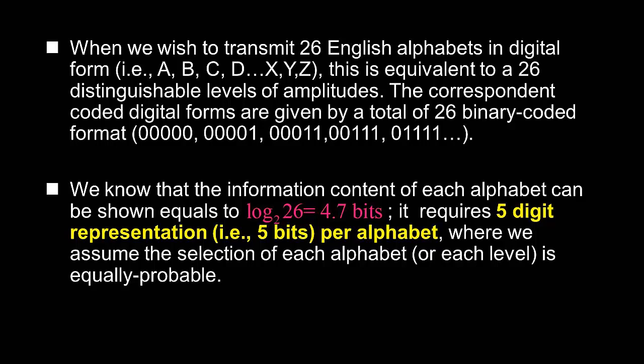We know that the information content of each alphabet letter can be shown to equal log2 of 26, which is 4.7 bits. It requires a 5-digit representation, that is 5 bits per alphabet letter, where we assume the selection of each letter is equally probable.